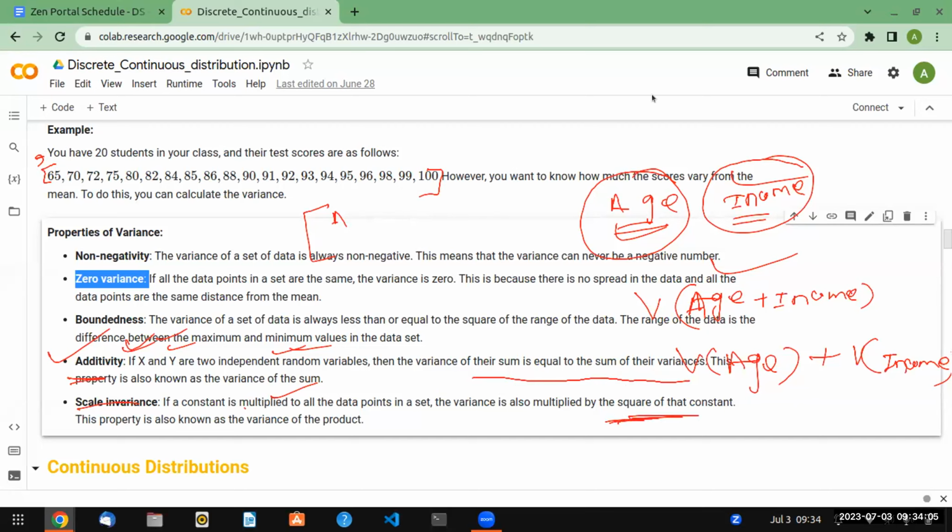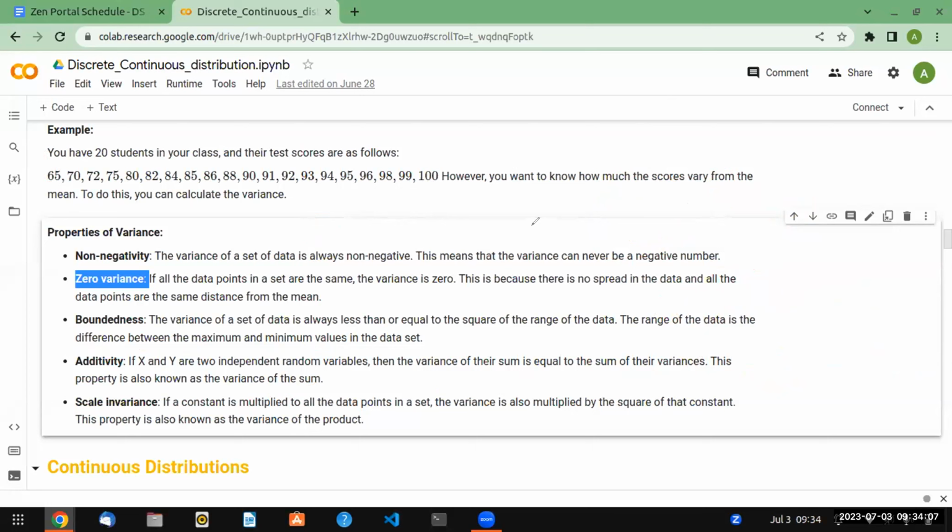Because if you see the formula, it is squared: xi minus mu, squared, divided by n minus 1, right? Here this part is multiplied with 5. If we take this out of the bracket, it will be 5 square into xi minus mu square.